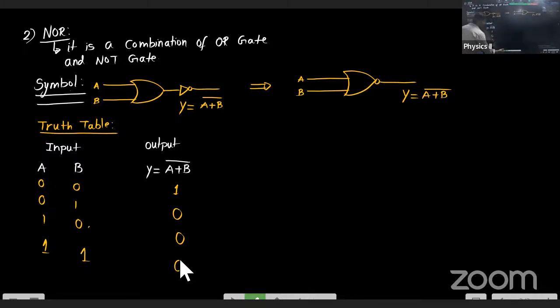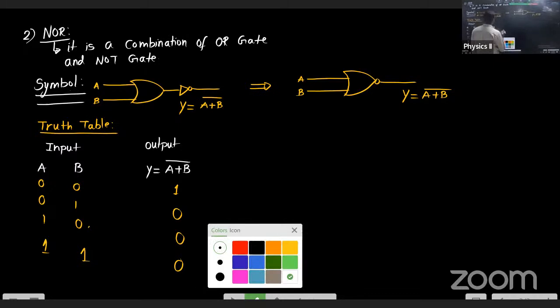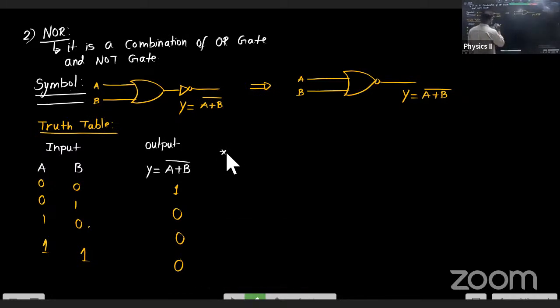So remember one point here. In case of NOR gate, what is happening? See here, in case of NOR gate, when both the inputs are 0, the output is 1. If any one of the inputs is 1, then the output we are getting is 0. So the last point you are supposed to write in case of NOR gate, note down this point. What is that?